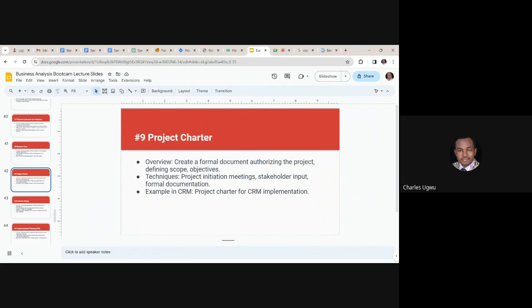More especially in project management. Very soon you find out that you are already a project manager or a senior business analyst. You are starting, but before you know it, you're already a big project manager handling big projects, including government projects.